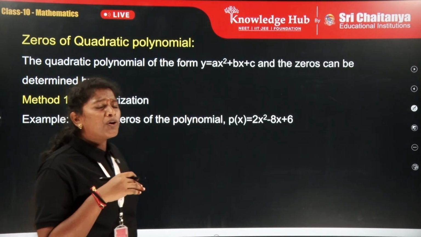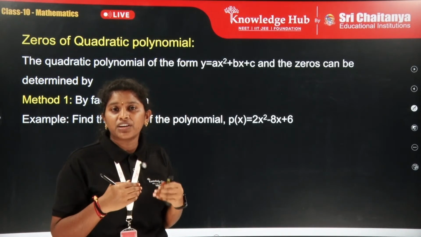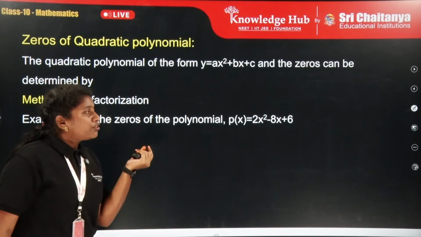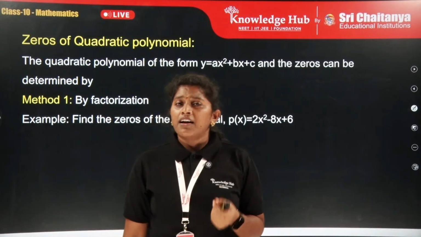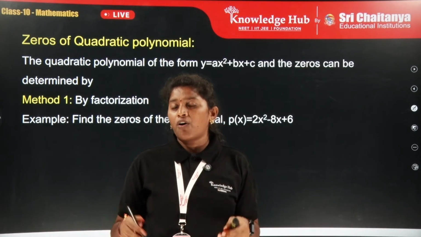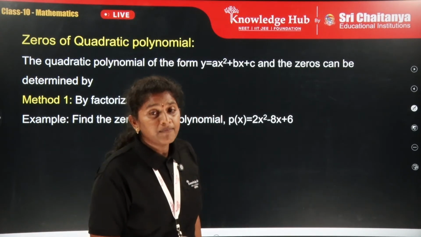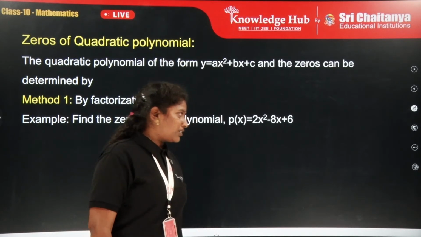That means whatever polynomial they give in the question, we are going to bring it into the general form for our convenience. So how are we going to find the zeros of the quadratic polynomial? We have different methods. The first one is factorization, which we already learned in our previous grades, grade 8 and 9. And the other one is the quadratic formula. So let's see one by one.